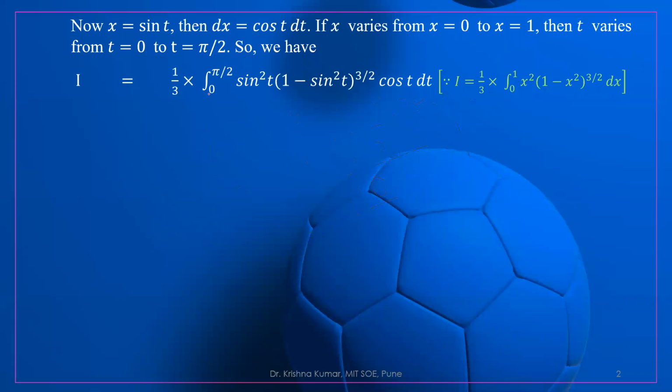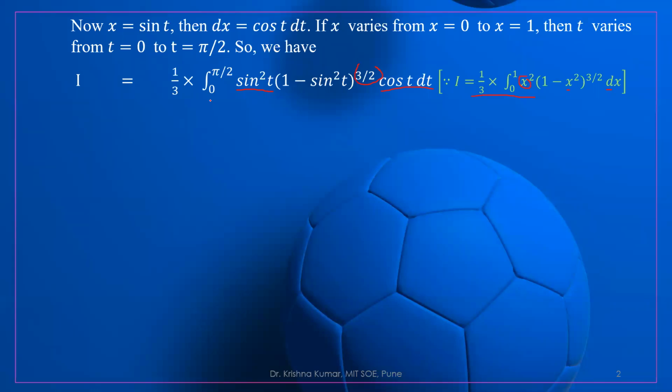So 1 upon 3 multiplied by the integral 0 to pi by 2 of sine square t, 1 minus sine square t whole to the power 3 by 2, and cos t dt, because dx is equal to cos t dt. We substituted x is equal to sine t, so x square is sine square t, and whole to the power 3 by 2, and dx is equal to cos t dt.